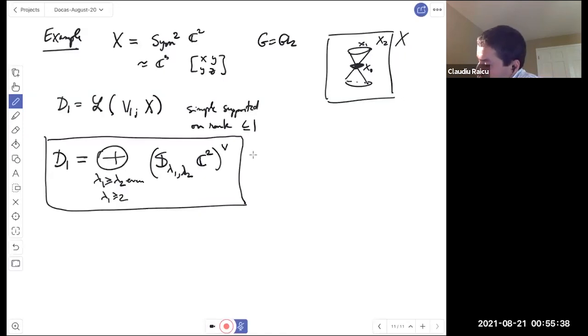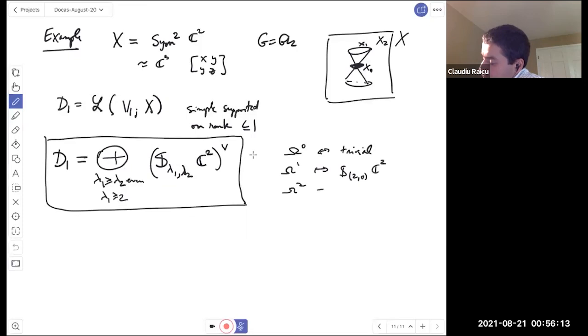Okay, so how about the modules of differentials? For omega i, well, omega 0, just the generators maybe. Omega 0 corresponds to the trivial representation, that's generated by 1. Omega 1 corresponds to just Sym2 of C2. So I guess I would write that as S(2,0) of C2.